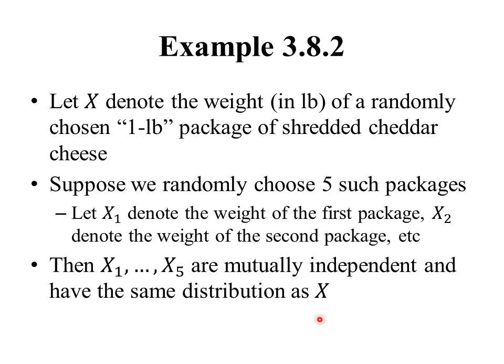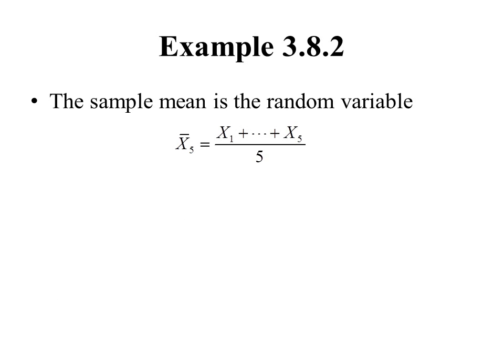In fact, they're really the exact same thing as x. It's just that x1 deals with the first package, whereas x2 is with the second, and so on. The sample mean associated with this scenario is the random variable denoted x bar sub 5, and it's x1 up through x5, added up and divided by 5. That's all there is to this sample mean.